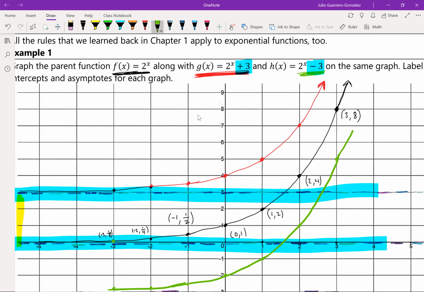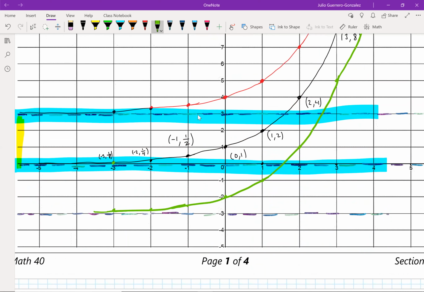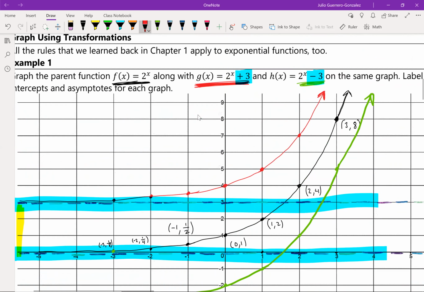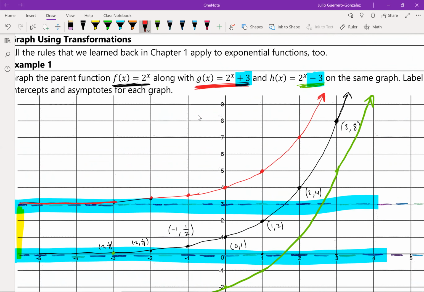Now we're just going to, actually, let me make my red one a little thicker too. There we go.